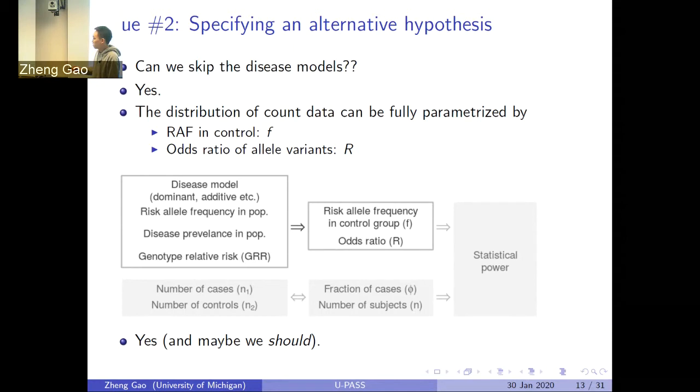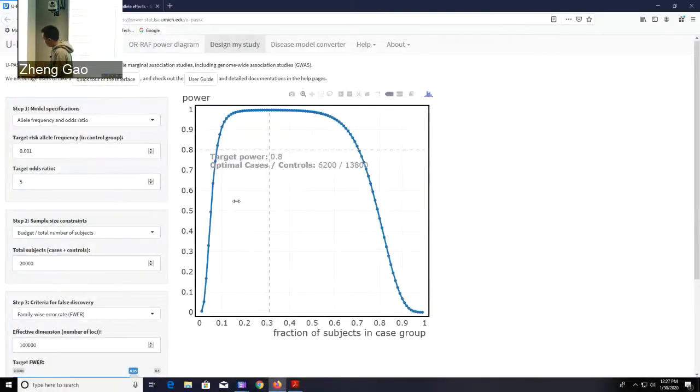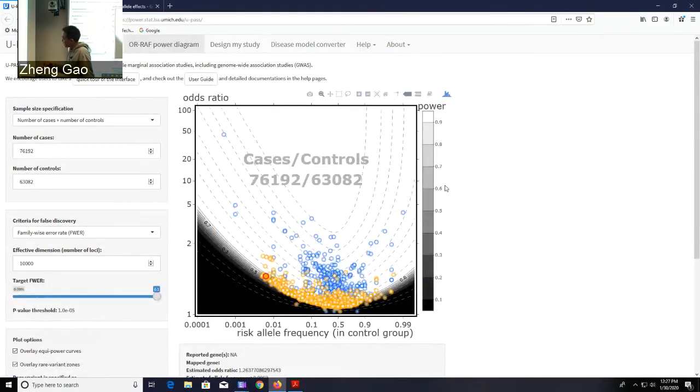And I'm even arguing that we shouldn't, and for good reasons. First, these 2 quantities are widely available in the literature. If you recall, the app that we just saw, the x-axis is precisely this risk allele frequency in the control group that people estimate from their study and report in the GWAS catalogs.